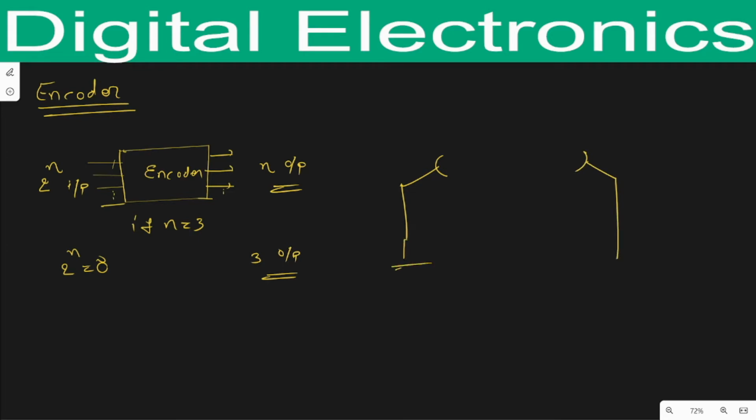We know that in communication, three basic elements are there. First is the transmitter, second is the receiver, and third is the channel. When we transmit binary data from the transmitter to the receiver, it moves through the channel, where various noise sources corrupt our data.